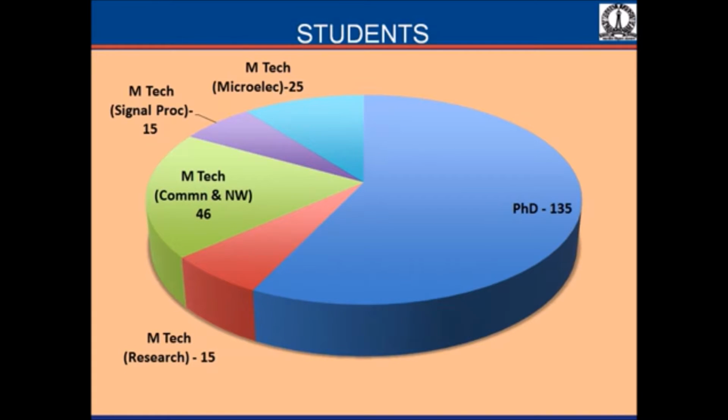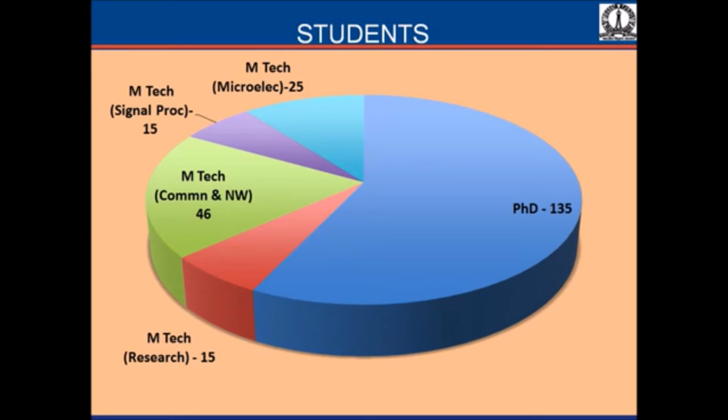So the students, the next slide indicates the composition of the students. Typically you will see that the department has a lot of students who are pursuing their PhD, which includes research students who are regular students, as well as people from industry and students who are working in academic institutions, that is, faculty members who want to pursue their PhD, and external registration program students who are basically from R&D labs and industry.